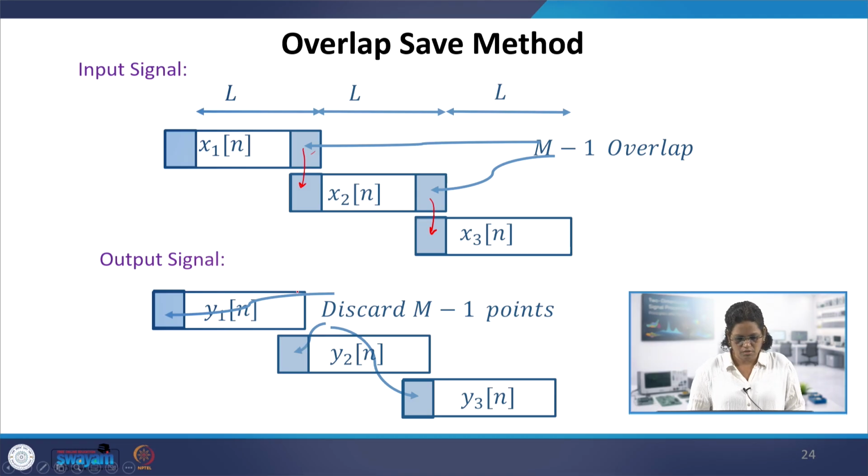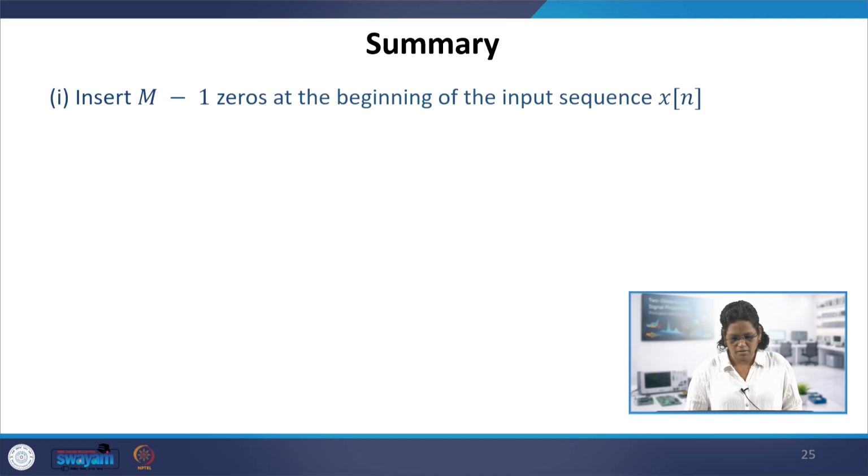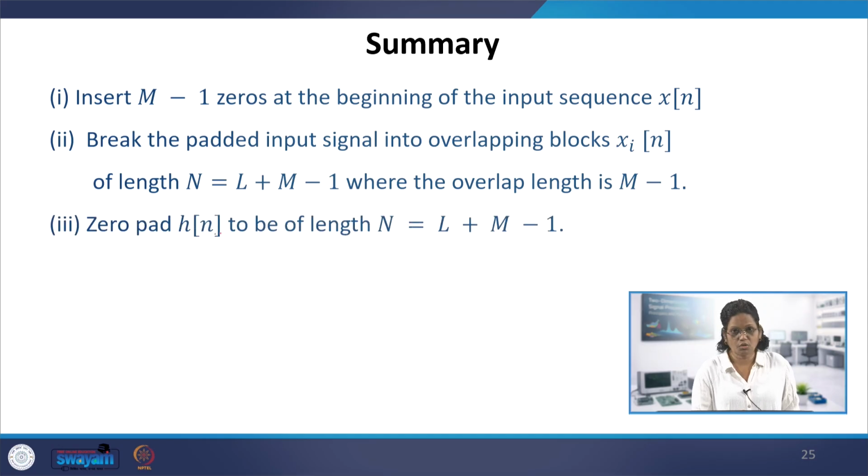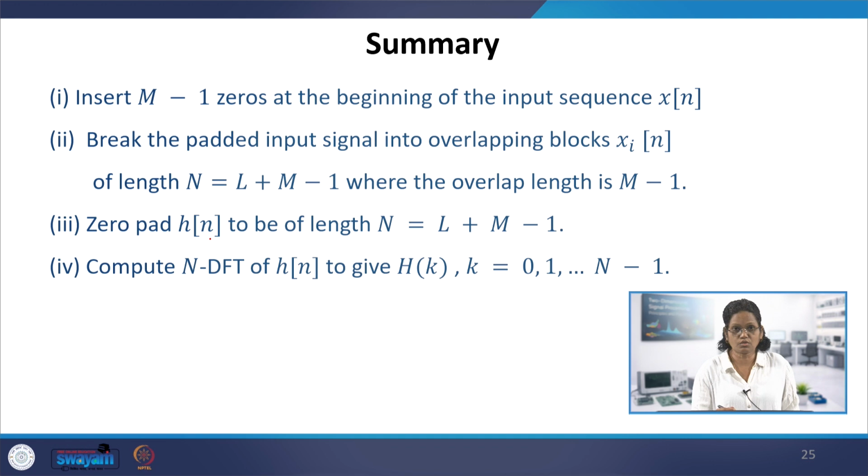So this is the overlap save method. To consolidate it: insert M-1 zeros at the beginning of the sequence x[n], and break the input signal into x_i[n], so that N equals L plus M-1, where the overlap length is M-1. Zero pad h[n] also, for the convolution using the DFT.